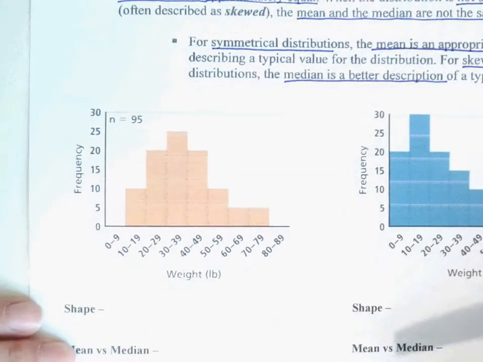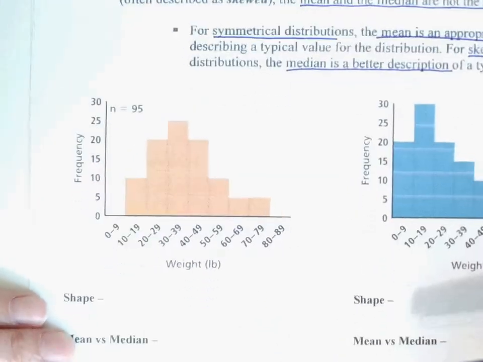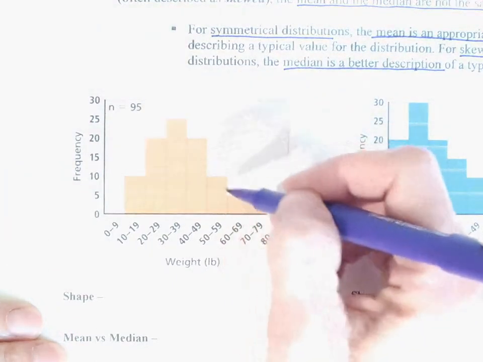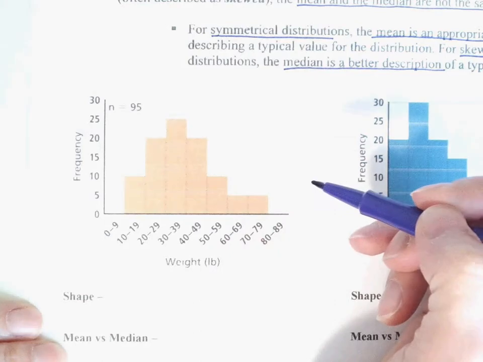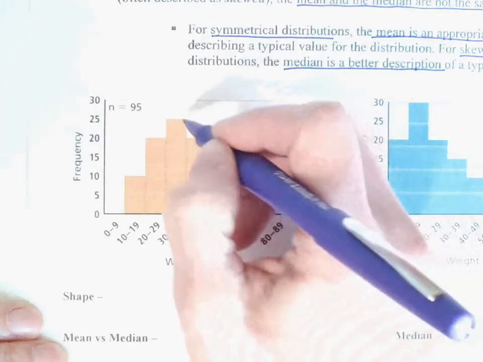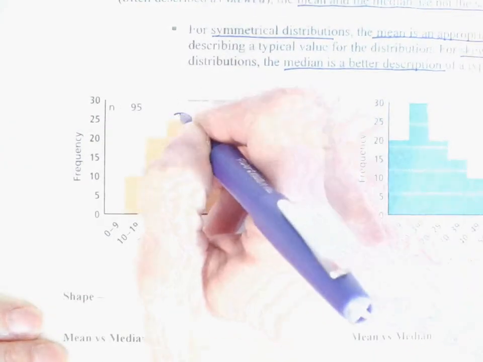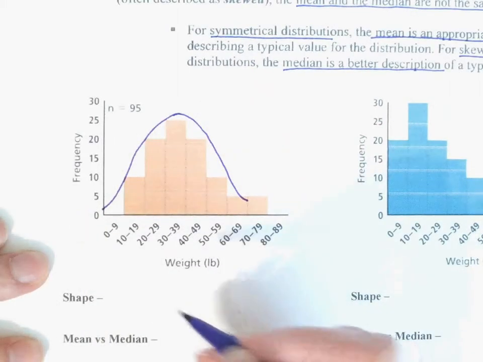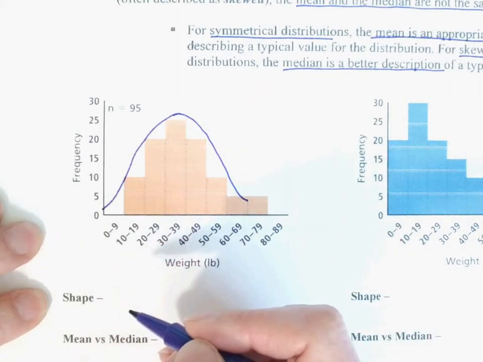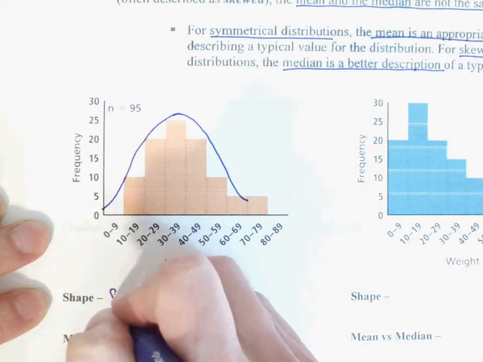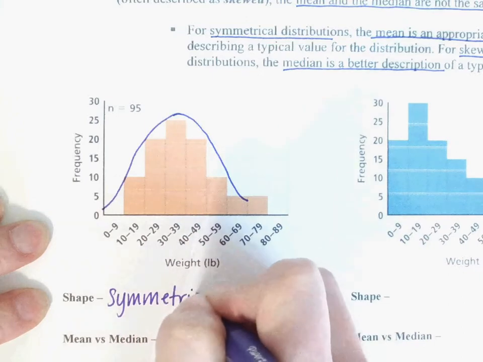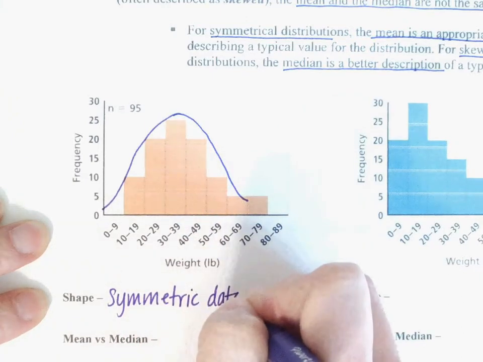So what we have here first, this would be considered symmetric data. Even though it might look like it tails a little bit to the right, this is considered pretty symmetric. So when it talks about the shape, this is where we are going to go ahead and write in, say this is symmetric data.